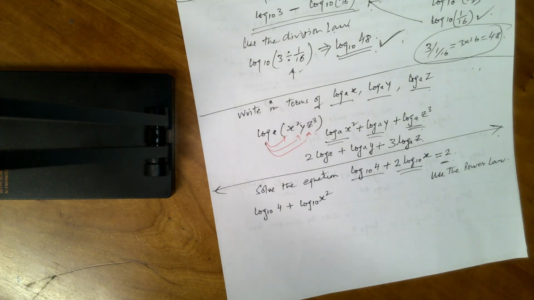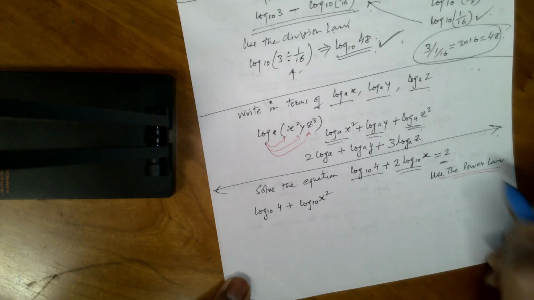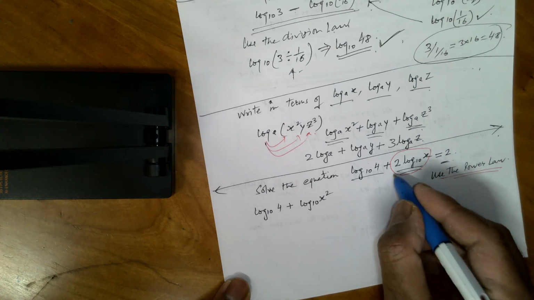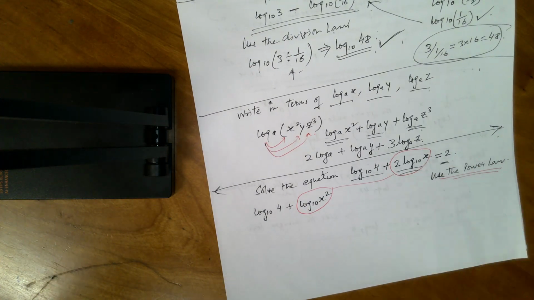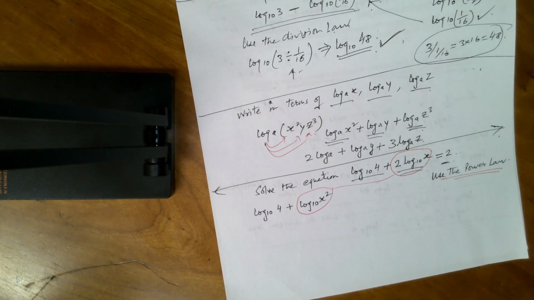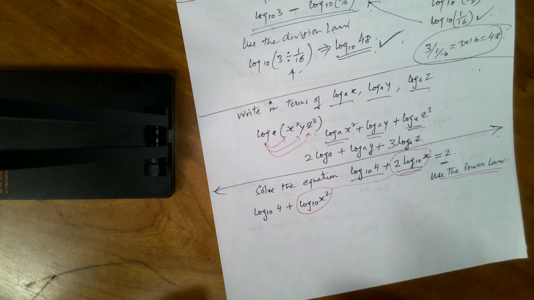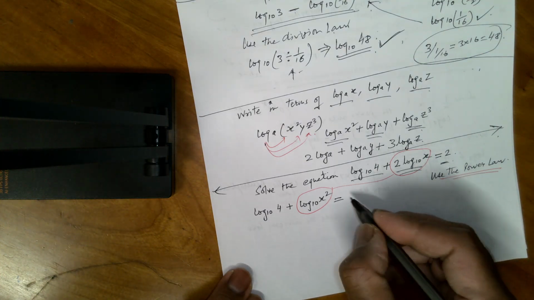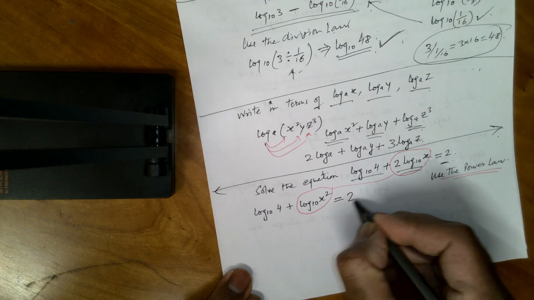In here, by using the power law, this part we transform into this, and that is equal to 2, because that was equal to 2.